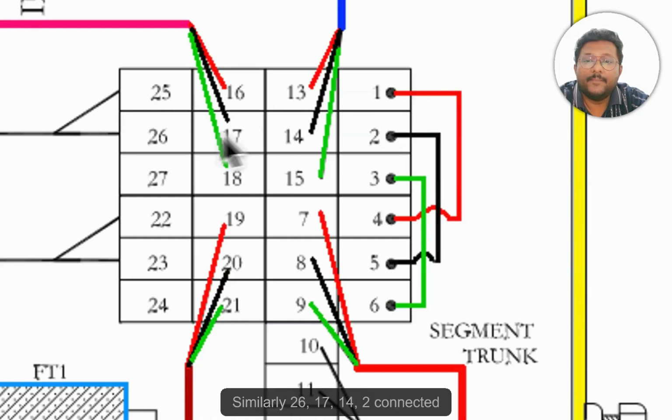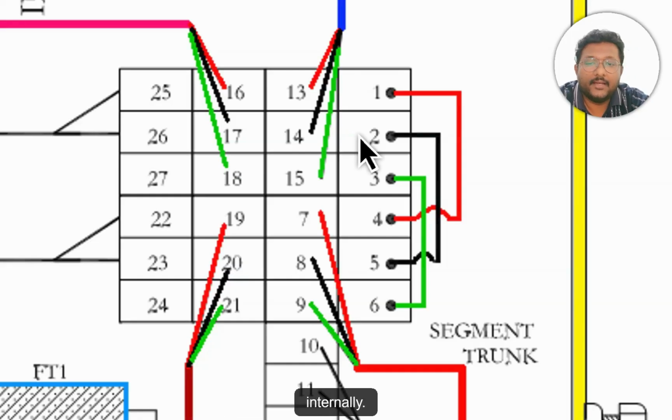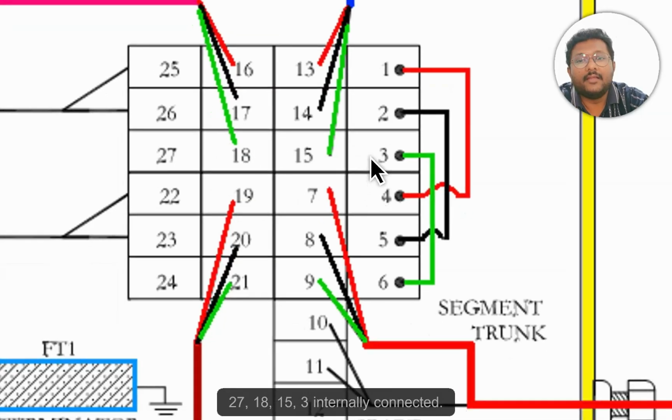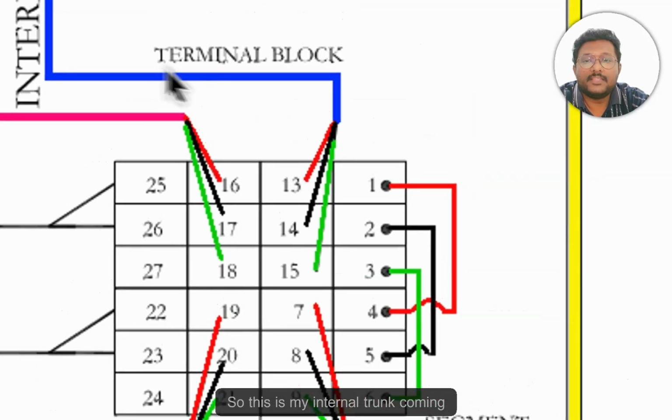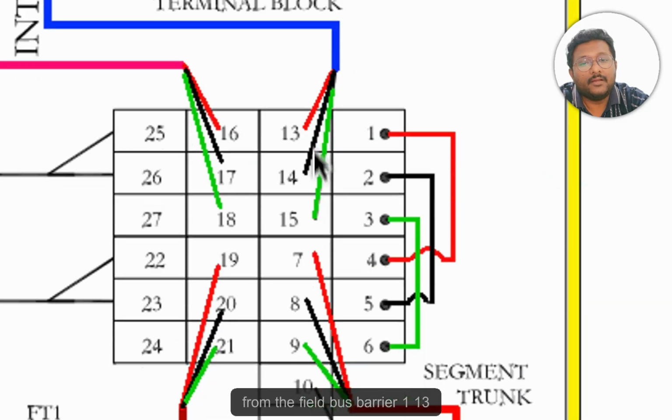Similarly, 26, 17, 14, 2 connected internally. 27, 18, 15, 3 internally connected. That means this particular horizontal line is all internally connected already. Clear? So this is my internal trunk coming from the field bus barrier 1.